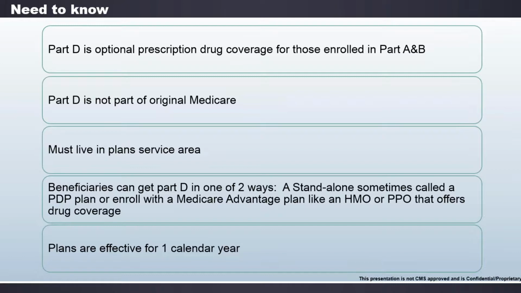You must live within the service area of the plan you're signing up for. Beneficiaries can get Part D one of 2 ways: standalone plans, which we'll discuss in various parts of this presentation and are called PDPs, or they can enroll in a Medicare Advantage plan like an HMO or PPO that offers drug coverage. Plans are effective for 1 calendar year.